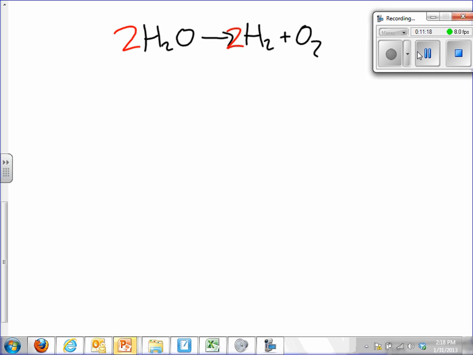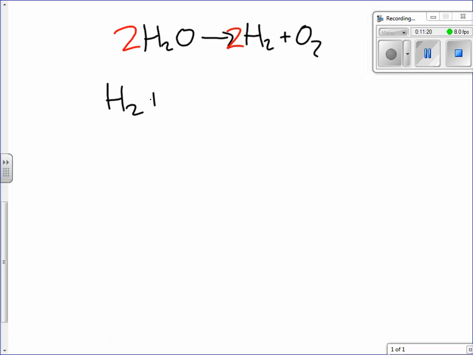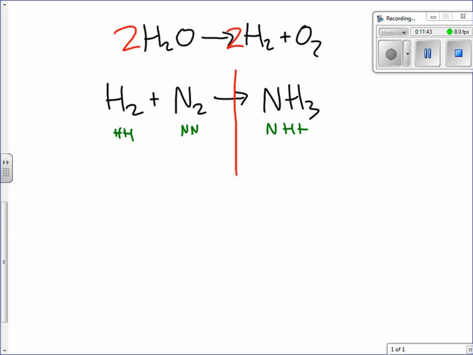So let's say we have hydrogen gas reacting with nitrogen gas to form ammonia. If we do it like we did before, we can see that we need more hydrogen on the reactant side, because we have 3 on the product side and 2 on the reactant side.